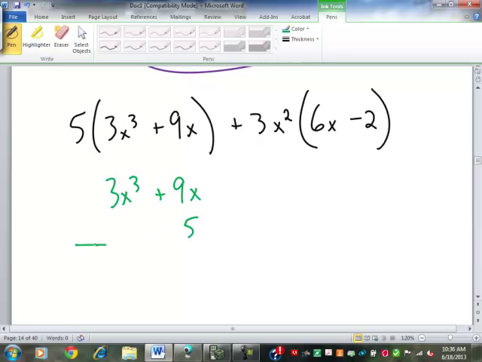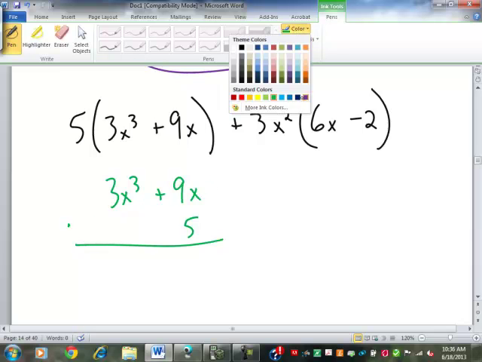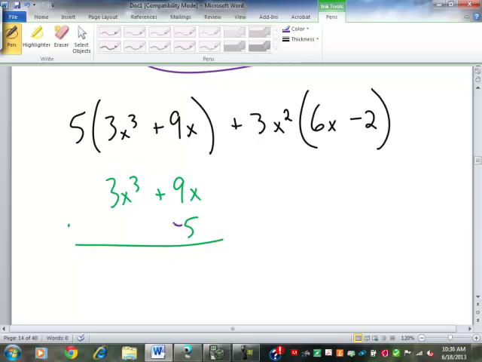Okay, perfect. So we got the 3x cubed plus 9 times 5, which gives us 5 times 9 is 45x. 5 times the 3x cubed is perfect. I'm done there. Now I move over here.